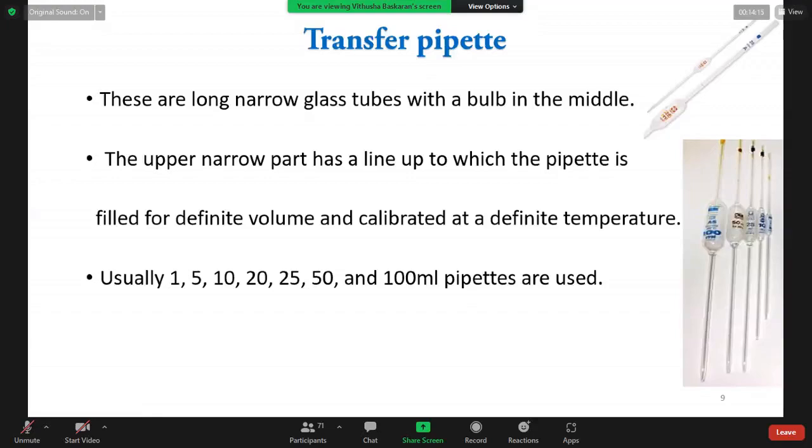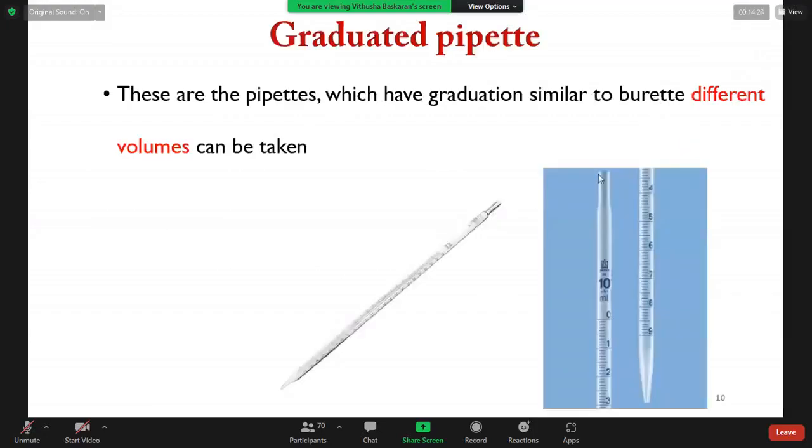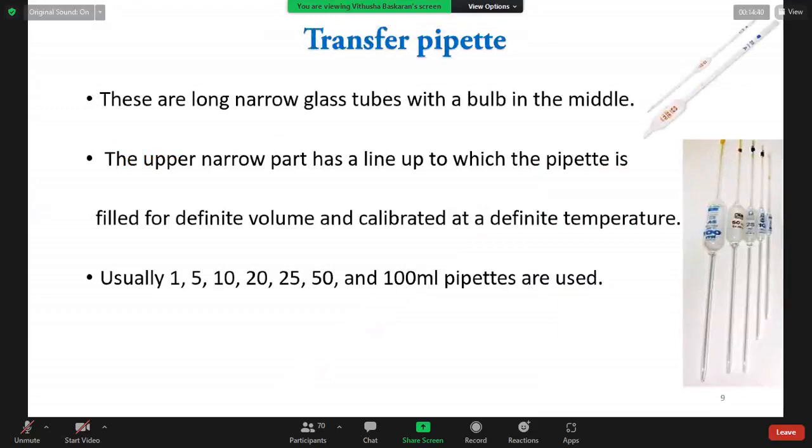So here in this first picture, in this pipette, you can only fill 25 milliliter. But when you consider this graduated pipette, in this 10 milliliter pipette, you can fill any volume within 10 milliliter. You can take 1 milliliter, 2 milliliter, or from 0.1 milliliter to 10 milliliter, you can fill any volume. So this is the difference between the transfer pipette and the graduated pipette.